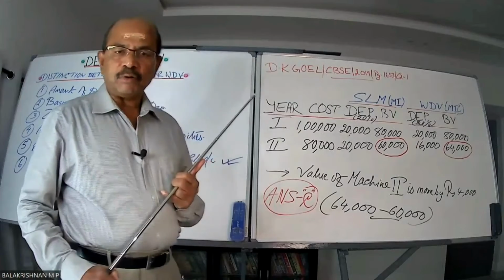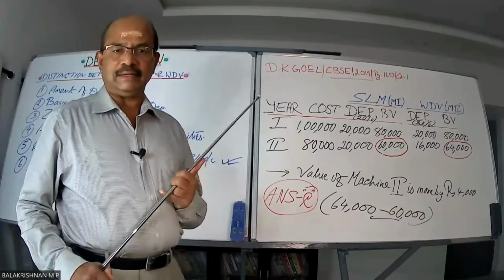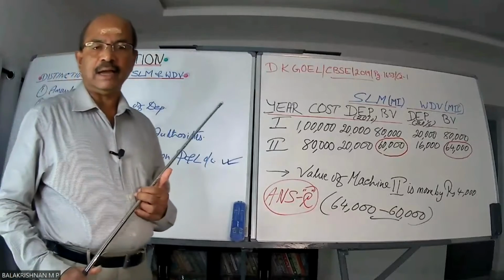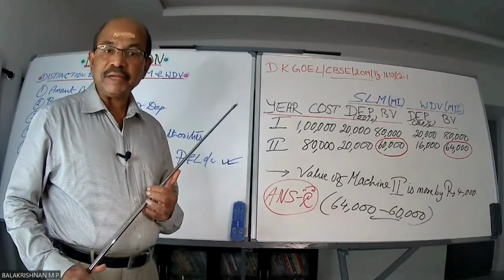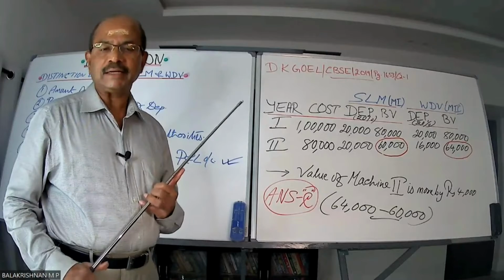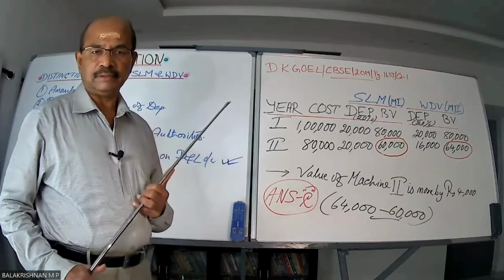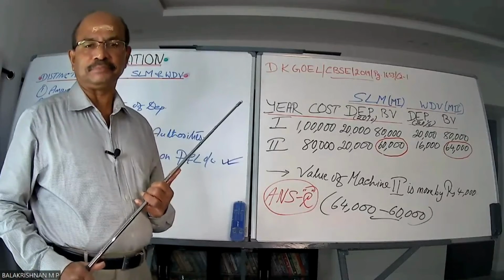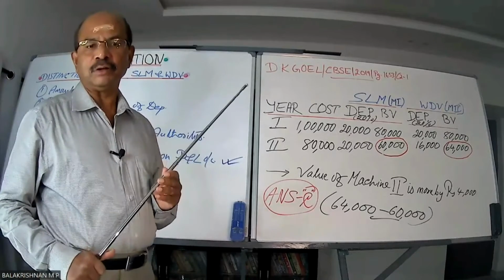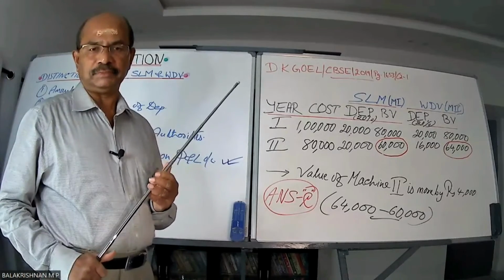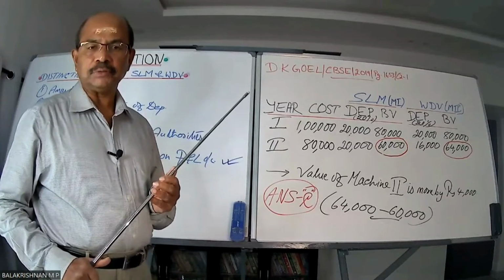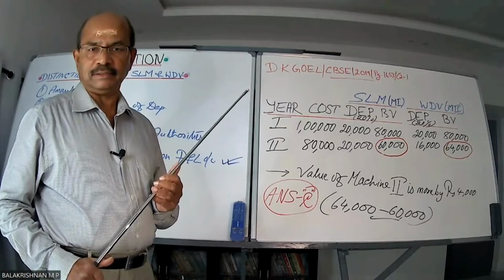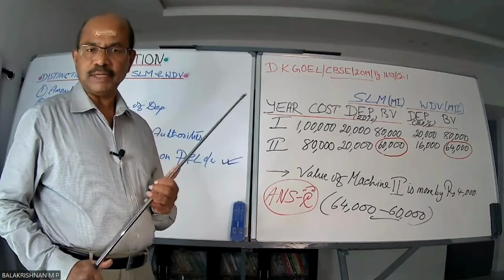This X amount will be lighter in the initial years as far as the SLM is concerned, and it will be heavier in the later years in the same method. Whereas under WDV, it will be almost equal throughout the years. This I can explain to you with an illustration when I will be sharing the question. At that time, this also will be explained.